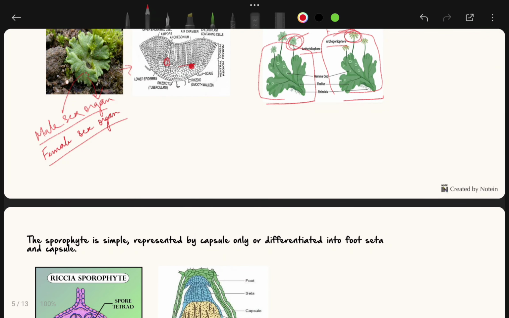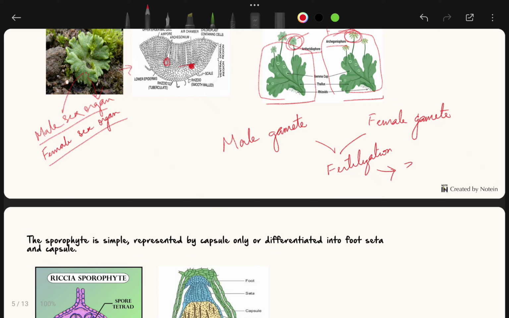During fertilization, the male gamete and the female gamete will undergo fertilization to give rise to zygote. The zygote will start to divide immediately after fertilization.